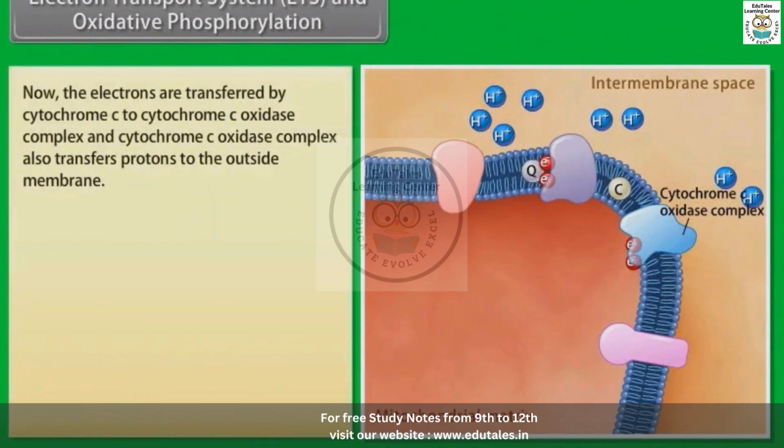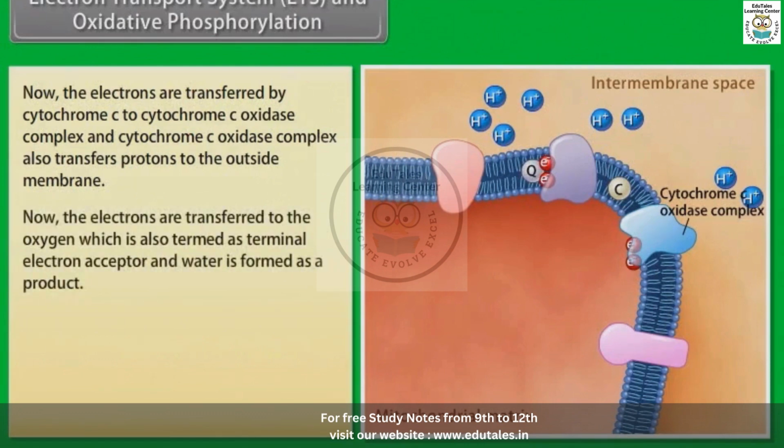Now the electrons are transferred by cytochrome C to cytochrome C oxidase complex, and cytochrome C oxidase complex also transfers protons to the outside of the membrane. Now the electrons are transferred to oxygen, which is also termed the terminal electron acceptor, and water is formed as a product.